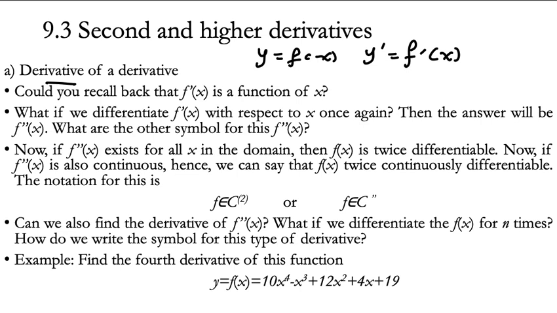So what if we differentiate f prime x with respect to x once again? Then you're going to get y double prime or f double prime x, isn't it? So any other symbols for this? If the first one here, you can write it, let's say, delta y over delta x.